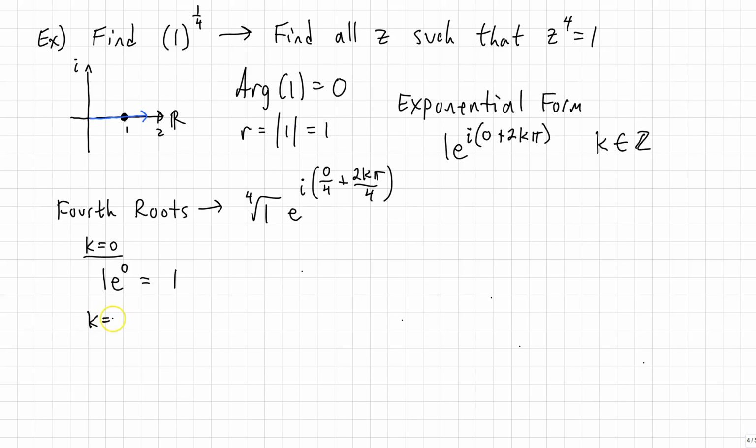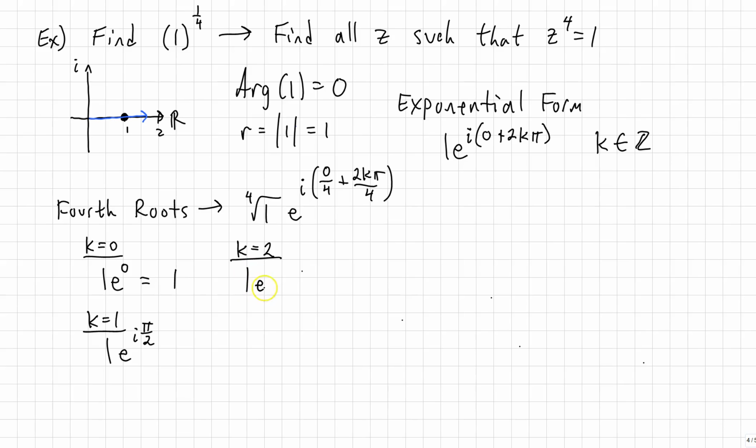Well, what if k equaled 1? Then you'd have 1e to the i, that'd be 0 plus 2 times 1 over 4, that'd be pi over 2. And what if k equaled 2?